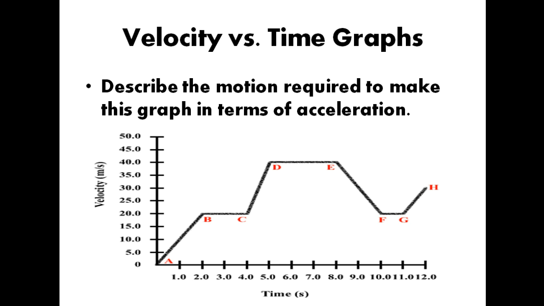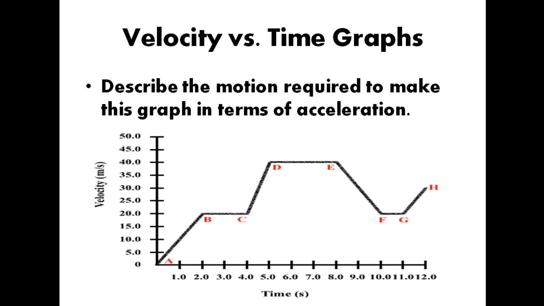So if I picked point A, actually I'm going to have you try to describe what you think the motion would be for each of these, like moving forward, moving back, constant, whatever. So I'll give you an example.